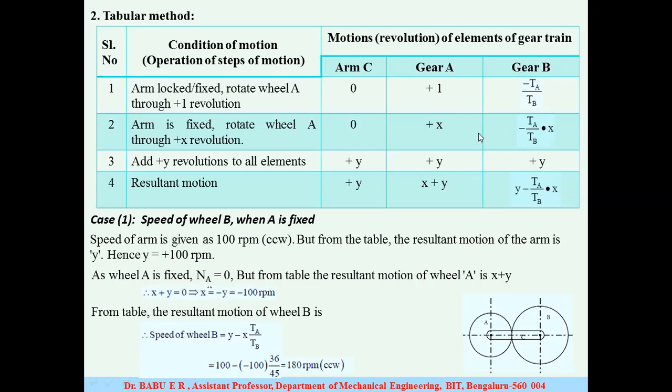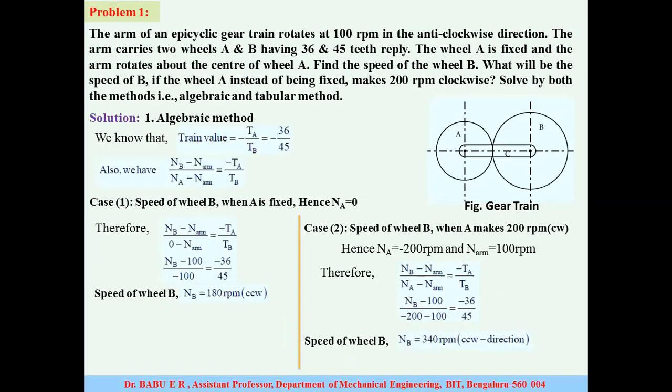So use the velocity ratio formula. You cross multiply it. So the speed of gear B will be Ta by Tb. Always remember, whatever the driving gear, here the driving gear is A and the driven gear is B, then the speed will always be the number of teeth on the driving to the driven gear.